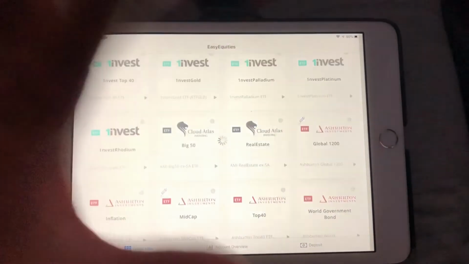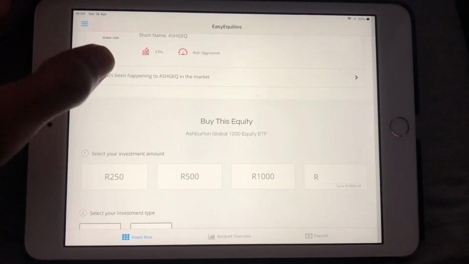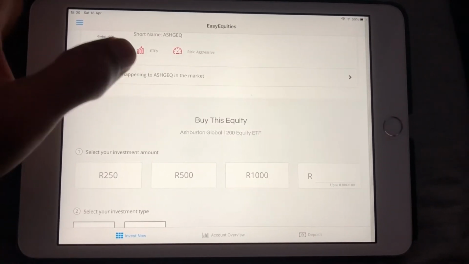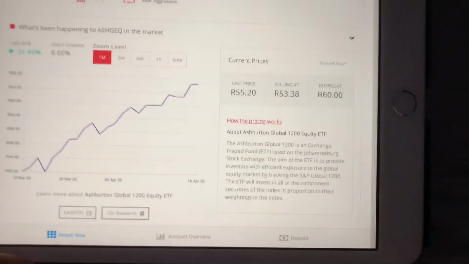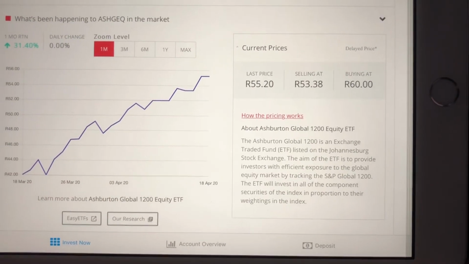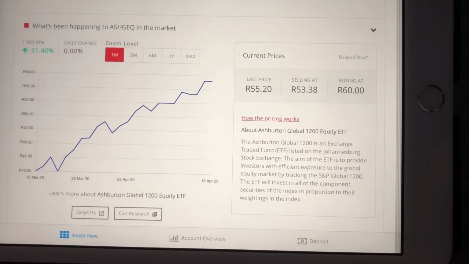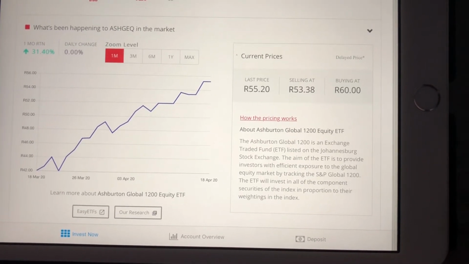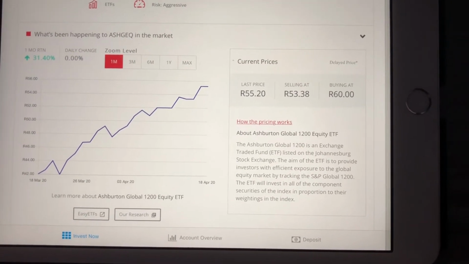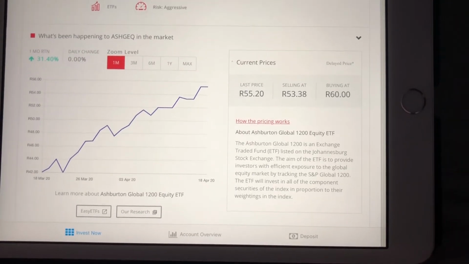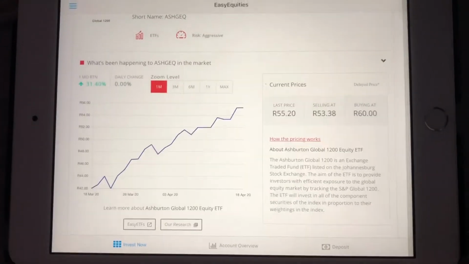So let's just click there and see. You can see under the description what's happening. It says that the Ashburton Global 1200 is an exchange traded fund listed on the JSE. The aim is to provide investors with efficient exposure to the global equity market by tracking the S&P Global 1200. The ETF will invest in all of the component securities of the index in proportion to their weightings in the index.